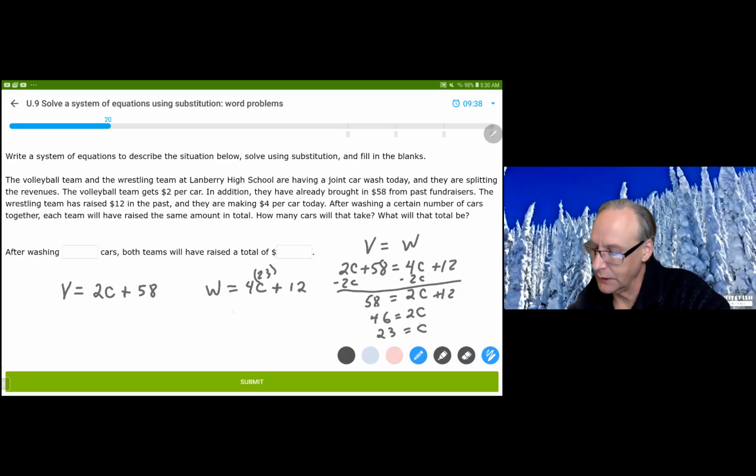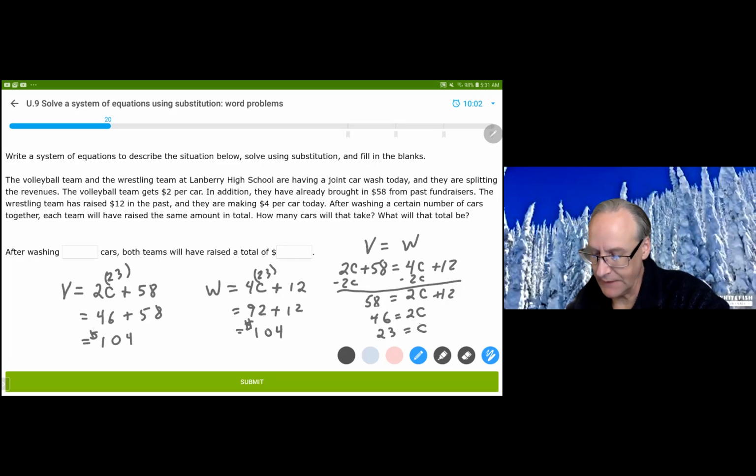23 times 4 is 92 plus 12, which is 104, and 23 times 2 is 46, which makes 104. And this is in dollars.